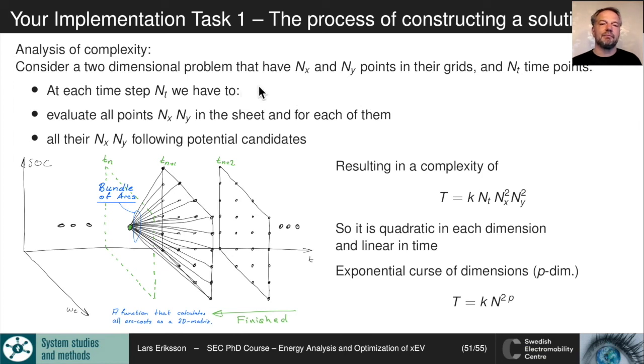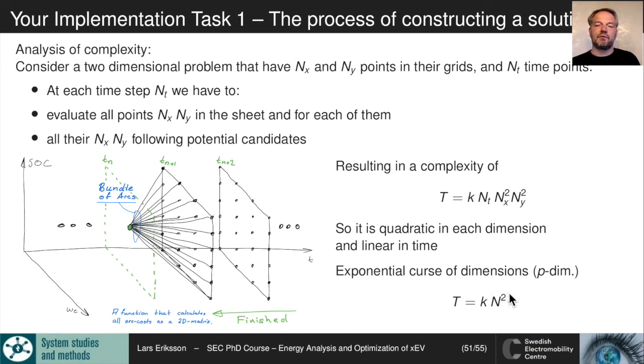At each step, nt, we have to evaluate the points in this sheet. And for all points, we have to evaluate all possible future states, all possible candidates. So that is why we get this time complexity. So it's quadratic in each dimension and linear in time. K here will be connected to how complex the model is, how much time it takes to evaluate the function once.